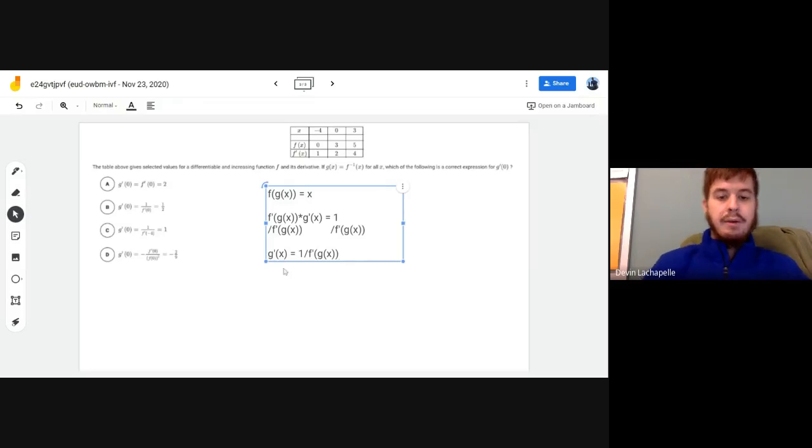This is helpful because this is the general form when you're taking the derivative of an inverse function.